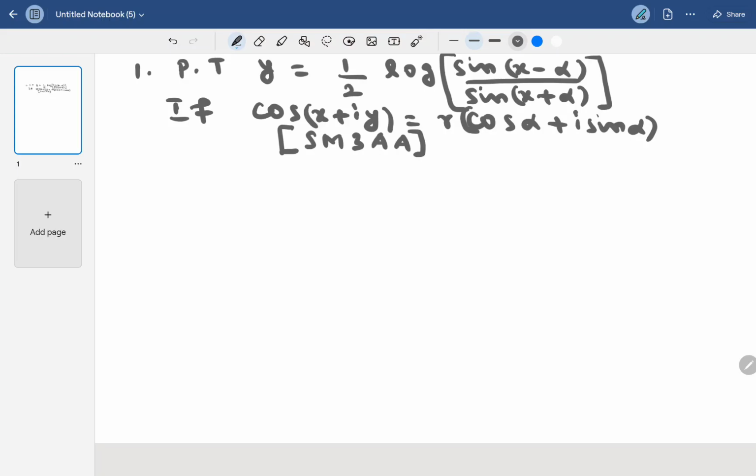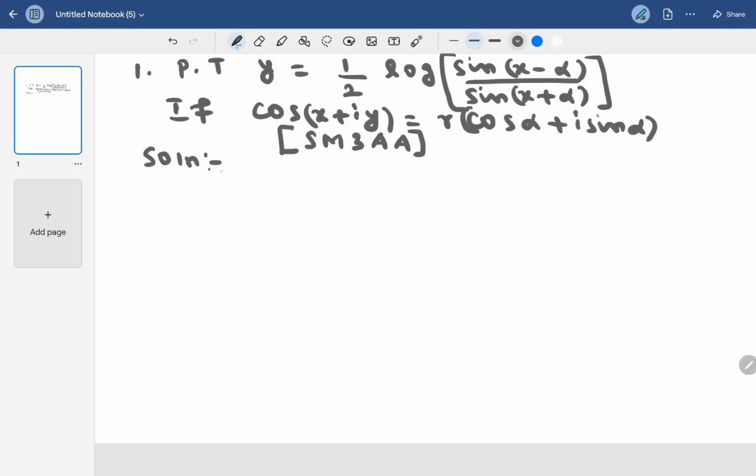What is given? You have to prove y equal to 1/2 log sin of x minus alpha by sin of x plus alpha. It is given cos of x plus iy is nothing but r times cos alpha plus i sin alpha.